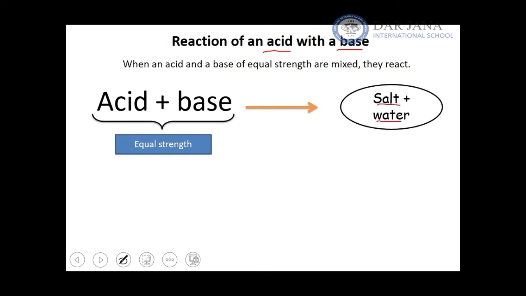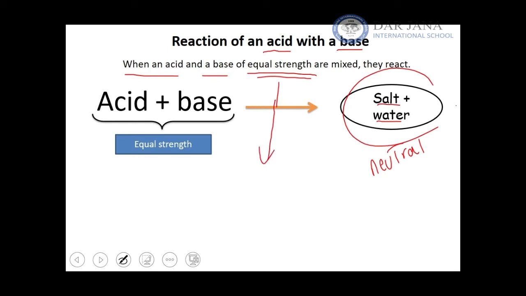Now the thing is that when an acid and a base of equal strength are mixed together, they react and will form only salt and water. So only salt and water, this means that the result is a perfectly neutral substance, right? Why? Because the acid and the base were equally strong.